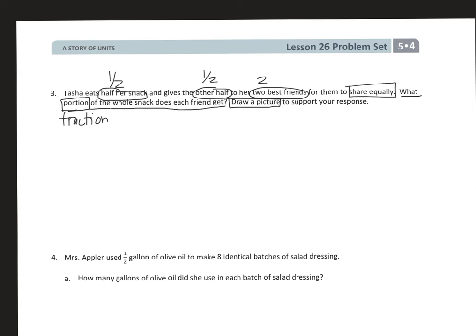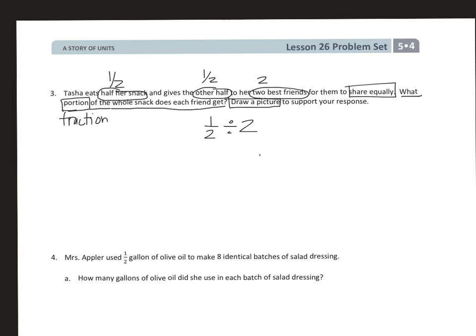All right, let's start. Since Tasha takes one half of her snack for herself and she eats it, that means it's gone. And she gives the other half to her two best friends. So the division problem is saying we're going to take that one half of her snack that she has left over and give it to two of her best friends.